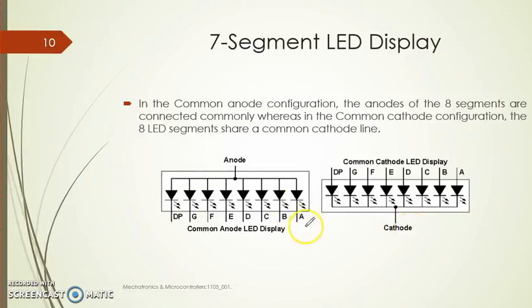So in a common anode, if you want any segment to glow, then that particular segment's cathode should be connected to ground. Whereas in common cathode, if you want any segment to glow, then a logic high has to be given to the anode of that particular LED.